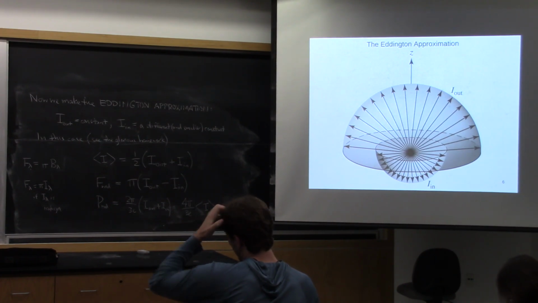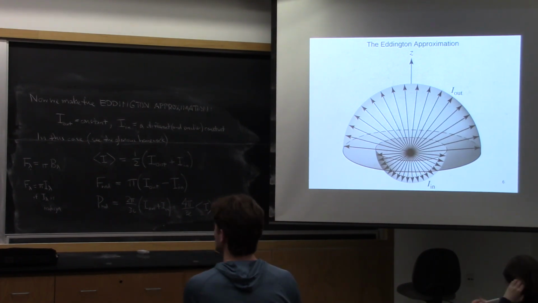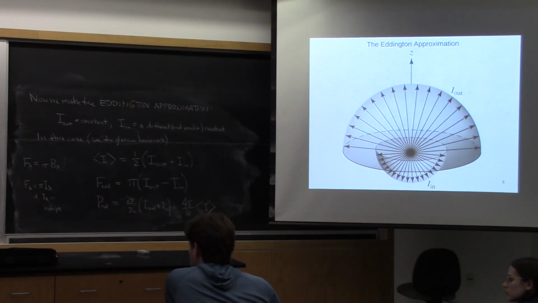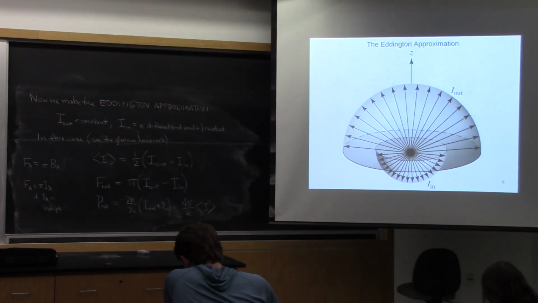Thus, this plus those three equations give that 4 pi over 3c times the mean intensity, that's the P rad, is equal to 1 over c times F rad tau V plus a constant.